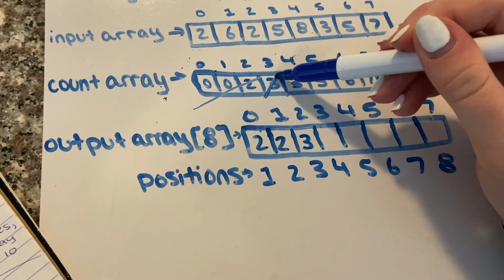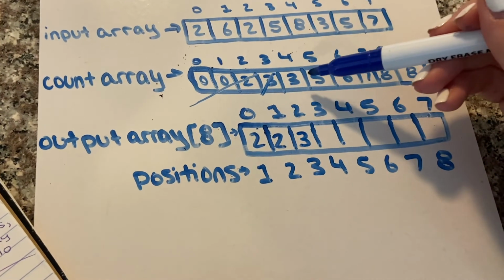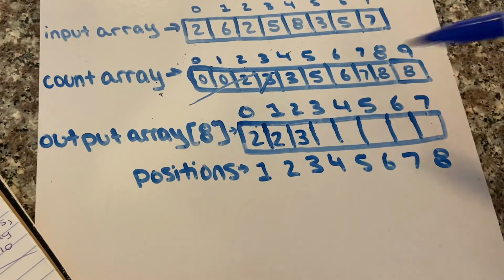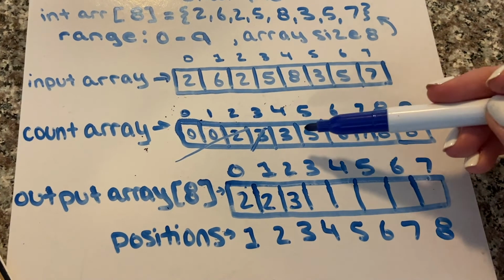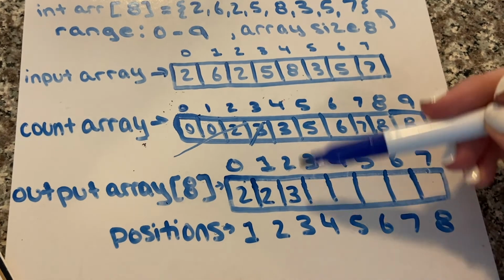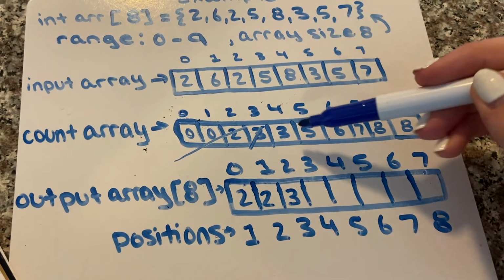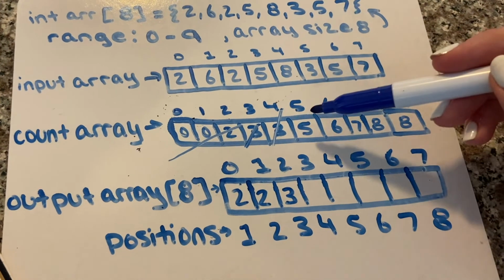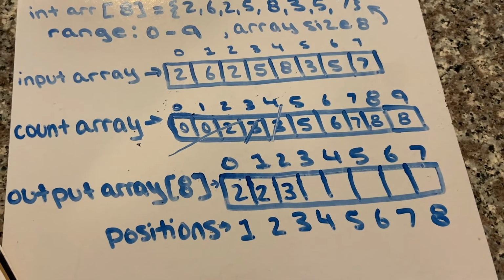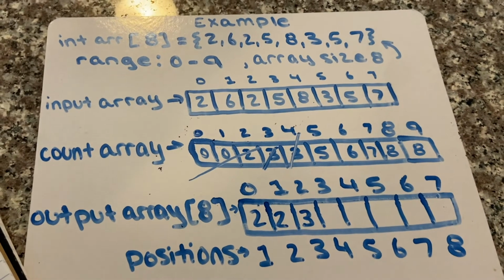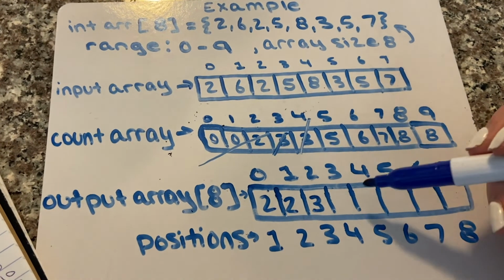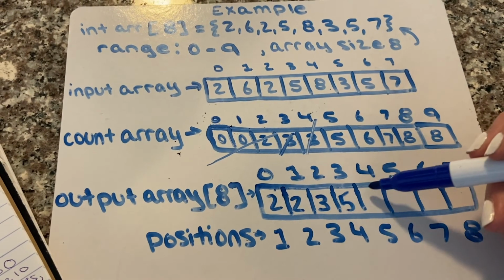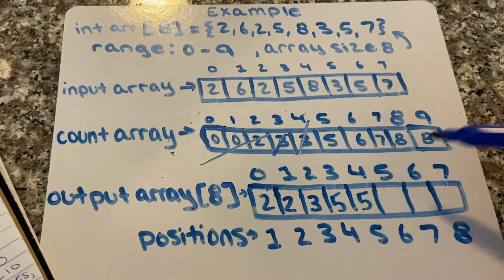Okay. We move on to index 4. And since index 4 also has the value 3, but 3 is used, that means that 4 will not be in our array. So we cross that off. We move on to 5. And 5 will occupy up to 5. So that means we'll fill in 4 with 5 and 5 with 5.